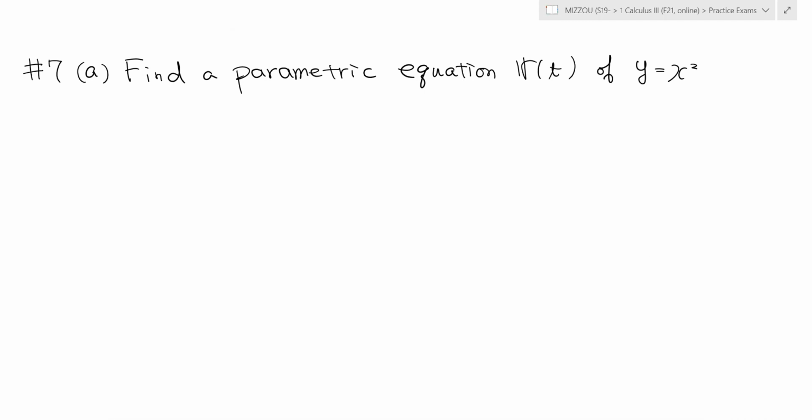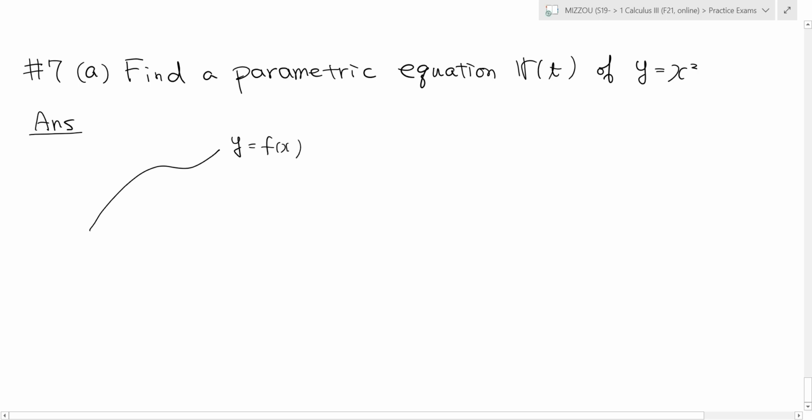Number 7, part A. Find the parametric equation of the curve y is equal to x squared. All right, so in general, if you have y is equal to f of x, so it's a general formula, x and y like this.